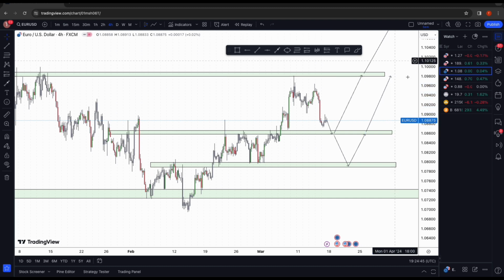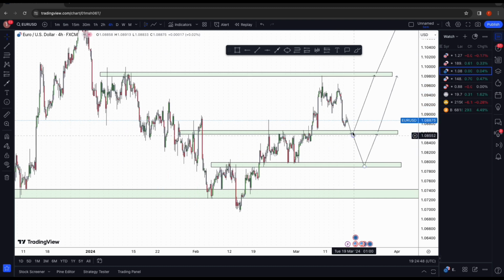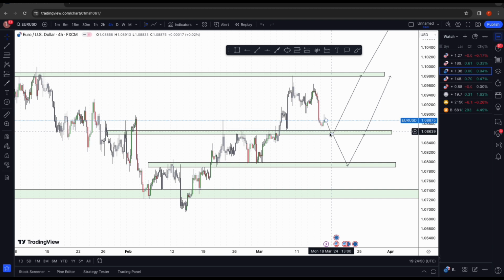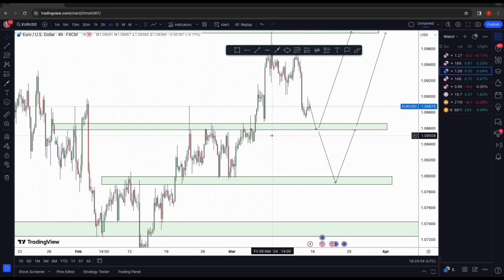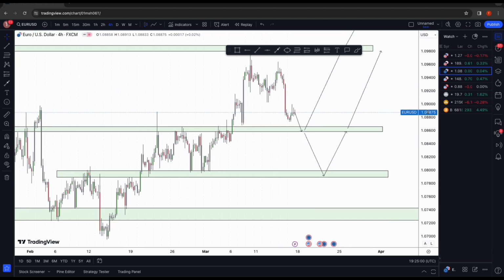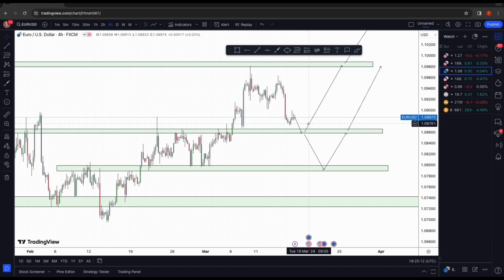Okay, if we're getting wick rejections here, fake out moves, spreads increasing in time with some news around this sort of area, then we could potentially look for buys. If price, say, comes down here early Monday, gives us a wick rejection, and then starts moving to the upside, I find that price never usually starts moving that early on in the week.